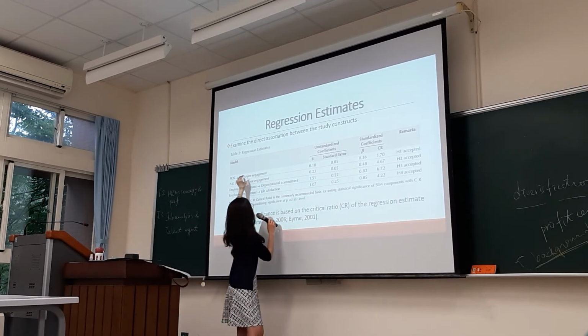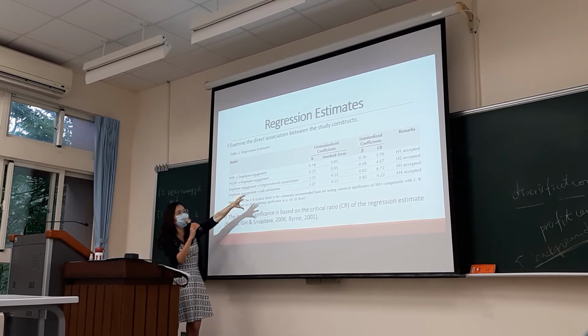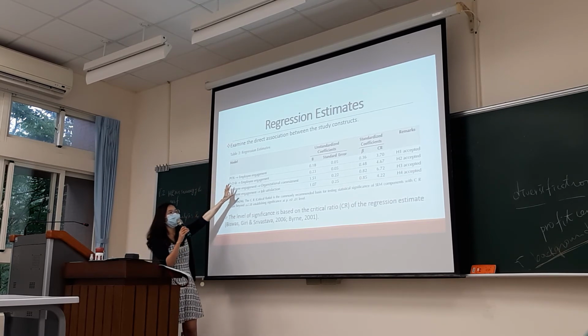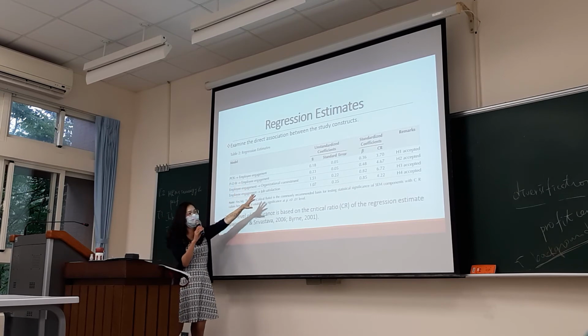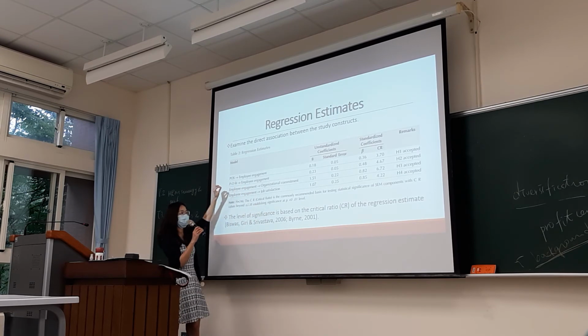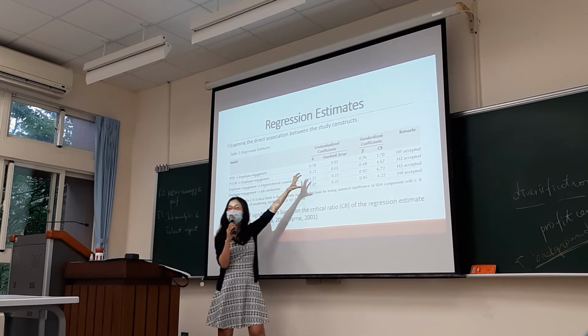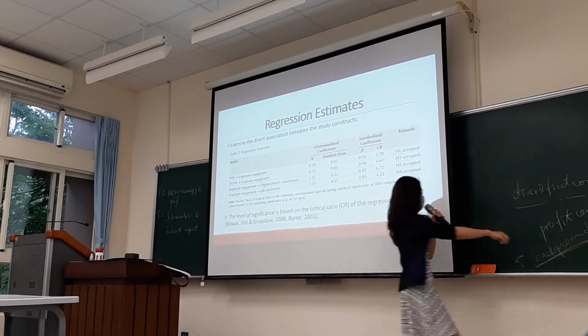Because this is a relatively easier table. For some regression results, it cannot be identified that easily. So it would be better if you could highlight it, use something like this.